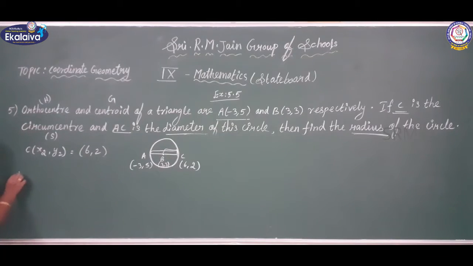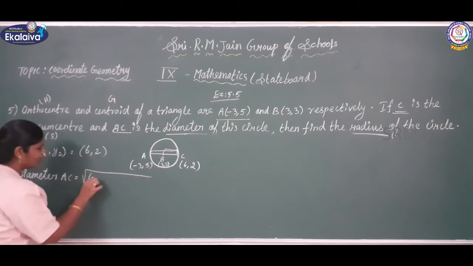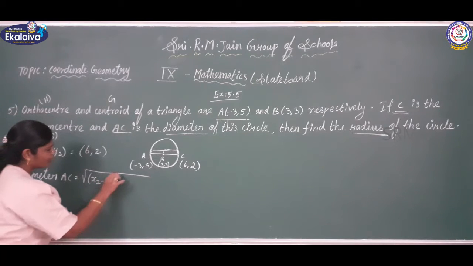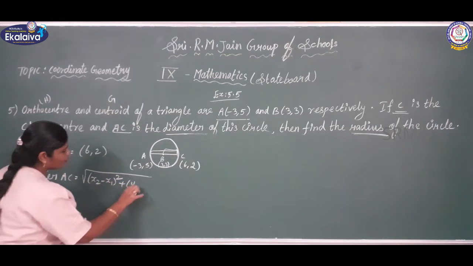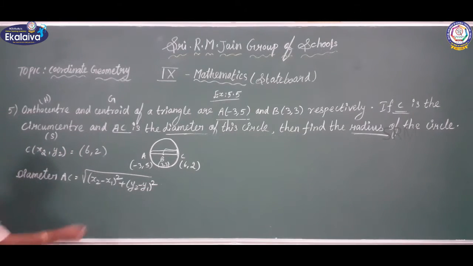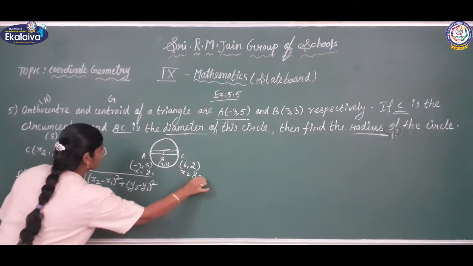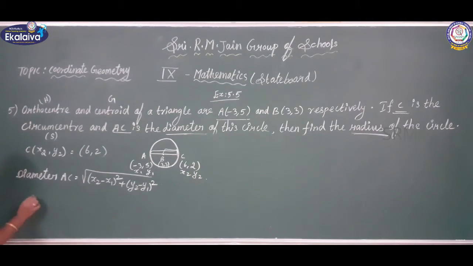So diameter AC equal to, here we use the distance formula: square root of (x2 minus x1) the whole square plus (y2 minus y1) the whole square. This is x1, y1, x2, y2.